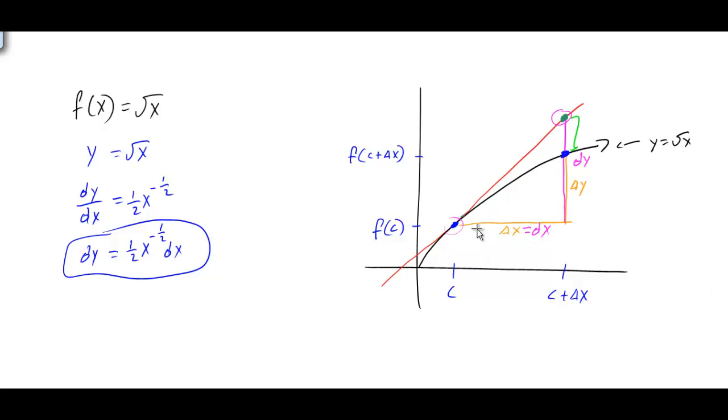And all we're doing is looking at the change in our x, and then we can use that to calculate our differential dy by taking the derivative of our function and multiplying it by dx. So you may want to go back after watching this video and look at the example of our tangent line approximation in the previous video.